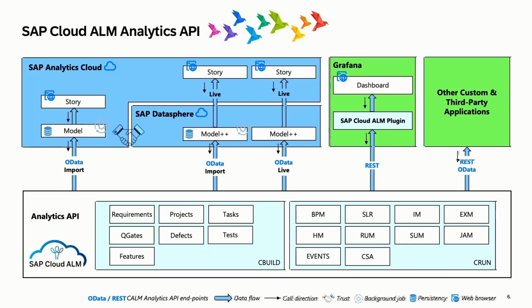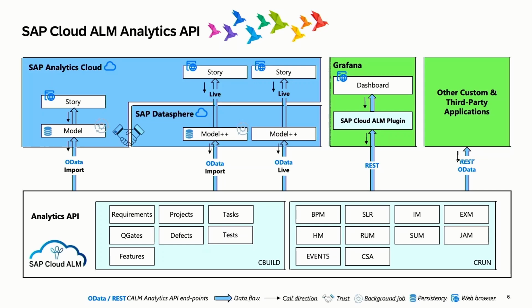Then the different scenarios I mentioned: the two out-of-the-box scenarios, Analytics Cloud and Grafana, and of course the rest of the scenarios, which can be very different depending on what you do. It can be a third-party application or a custom application. We would consume REST or OData depending on what we want to do.